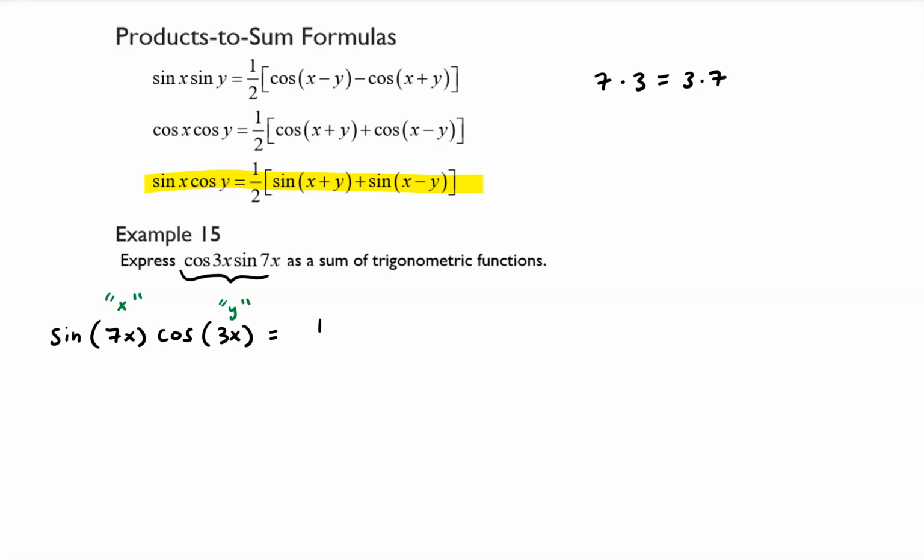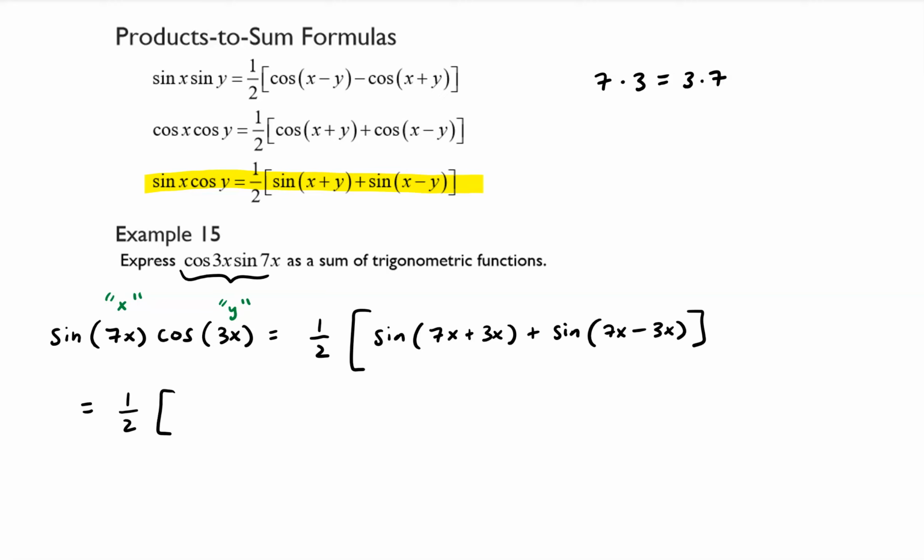So if I plug that into the formula, I'm going to get 1/2 times sine of our first angle, 7x, plus our second angle, 3x, plus sine of our first angle, 7x, minus our second angle, 3x. And now if I simplify the stuff inside of both parentheses, we get 1/2 times the quantity sine of 10x plus sine of 4x.